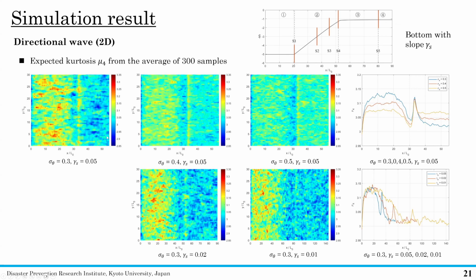I mean, in the deep water, the very narrow initial spectral bandwidth gives a larger value of the kurtosis. It means the probability of freak waves is very high, and that is also the comparison of the different slopes and the bottom case.